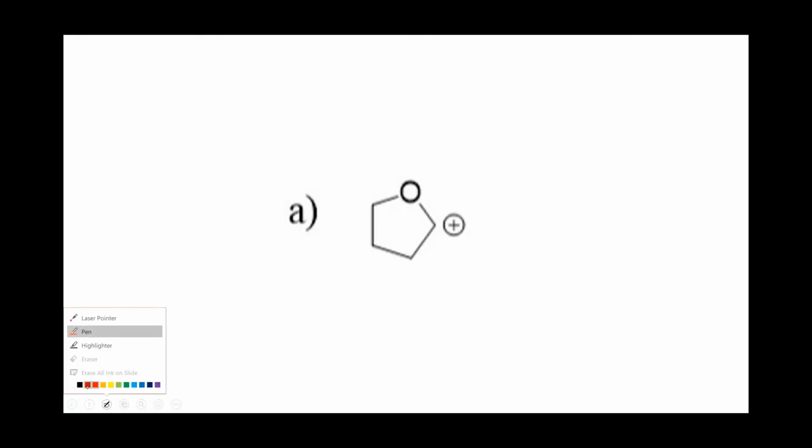So what we'll do first is add in any missing lone pairs. So oxygen has 4 electrons from its bonds, and so it needs 2 additional lone pairs there. So we'll draw those in. Now what we need to do is use our curved arrows to show how the electrons move.